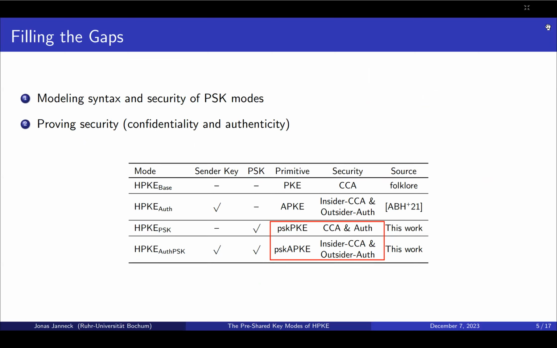So first of all, we want the syntax for these primitives, which we call PSK PKE or authenticated PSK PKE for the two modes, as well as modeling the security and doing security analysis for these two modes.